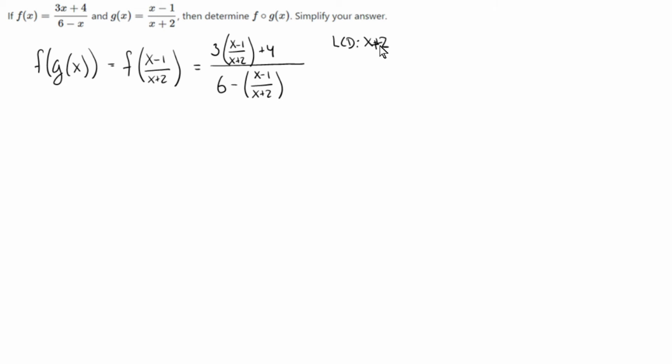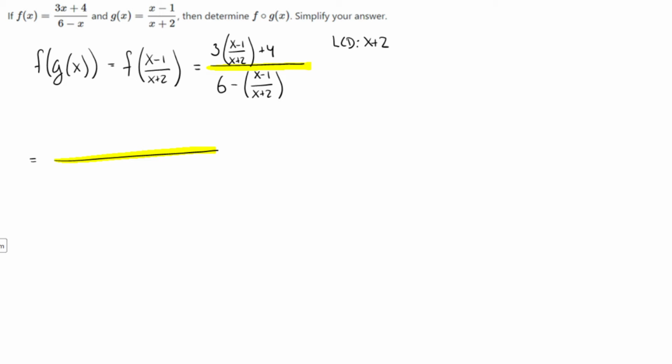So we can go ahead and rewrite this using a common denominator. And that means we're going to put it on the same division line as well. So this division line here is going to be this division line here.